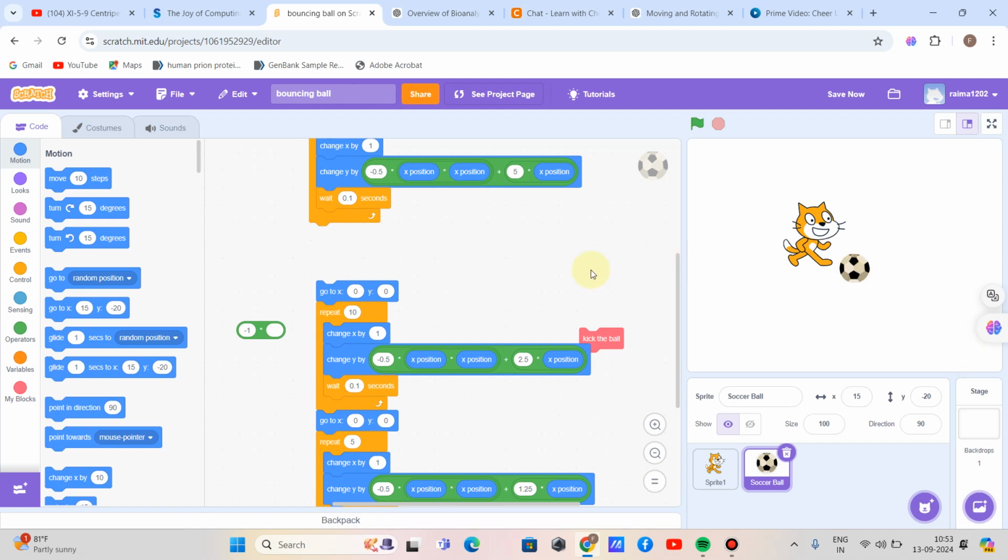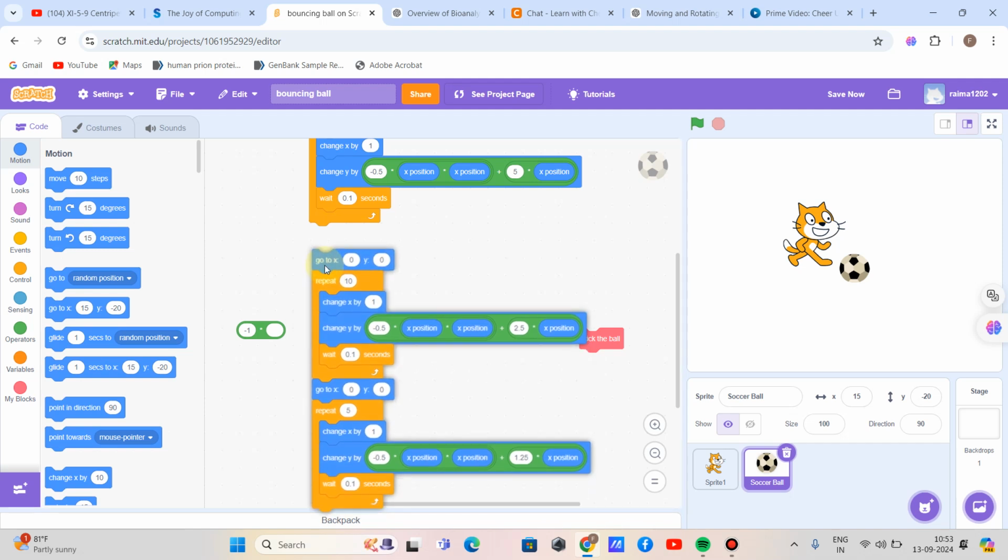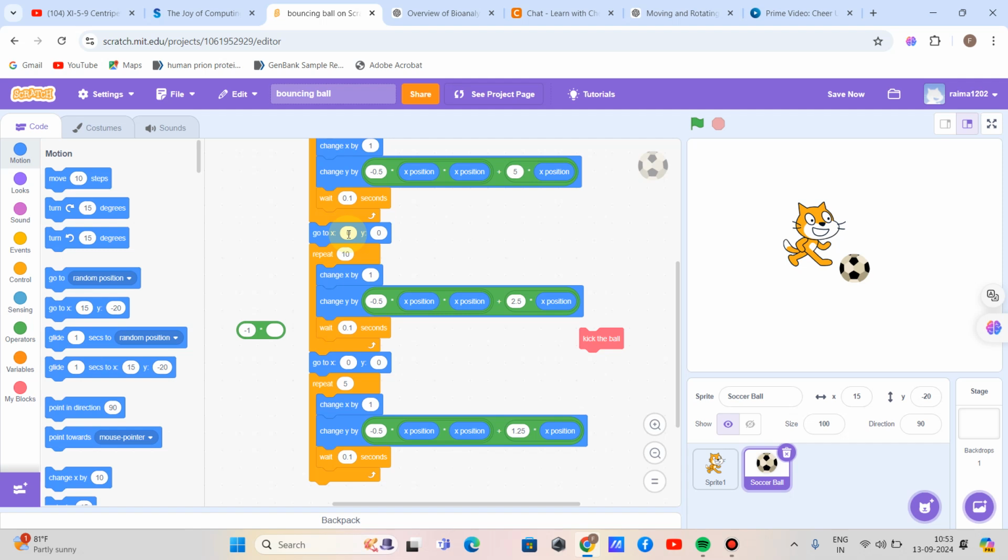So because of this mathematical equation, I had to again go to this position range only. I can work only from 0 to 15.